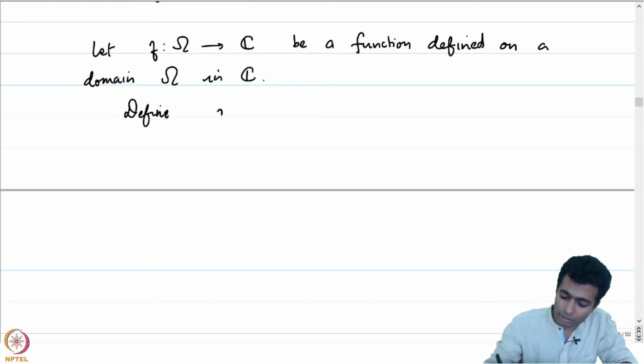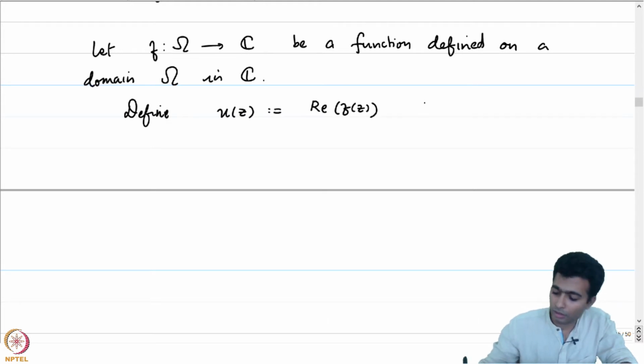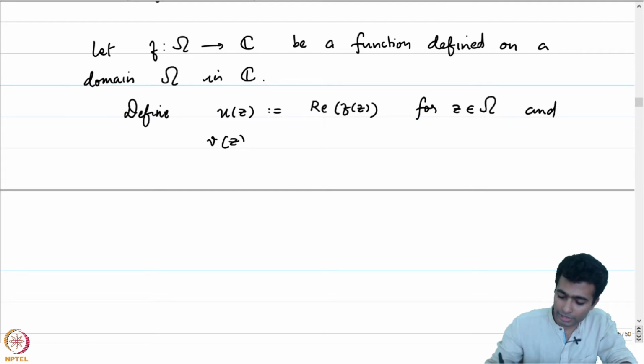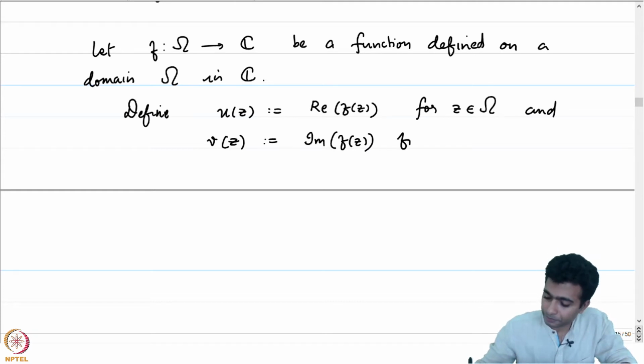Define u of z to be the real part of f of z for z in omega, and v of z is defined to be the imaginary part of f of z for z in omega.